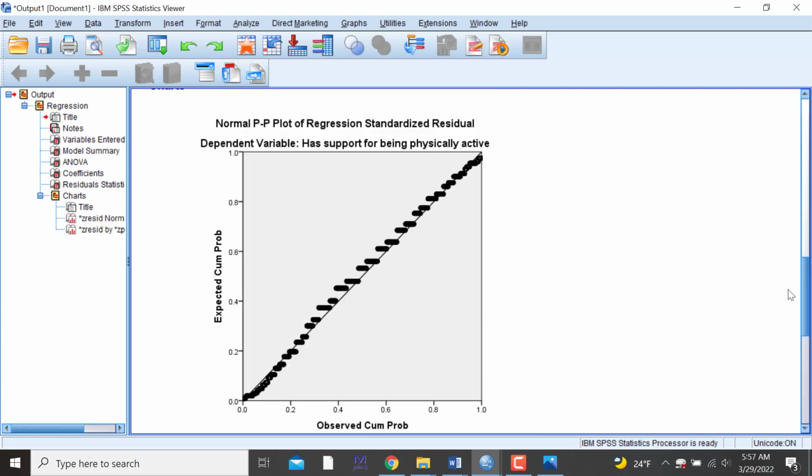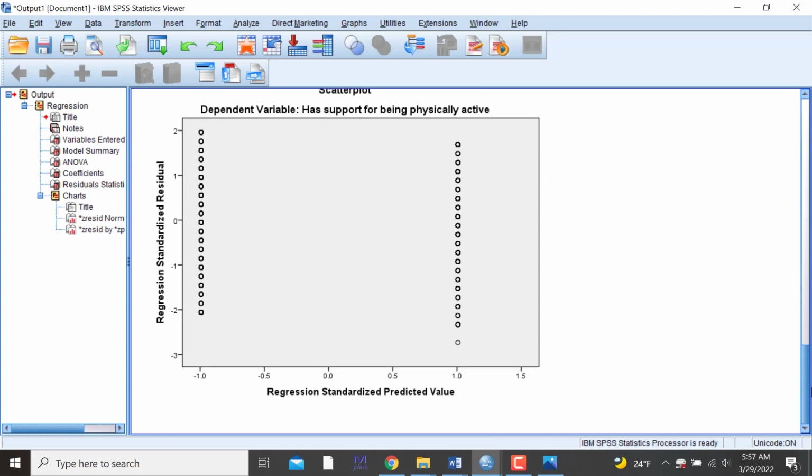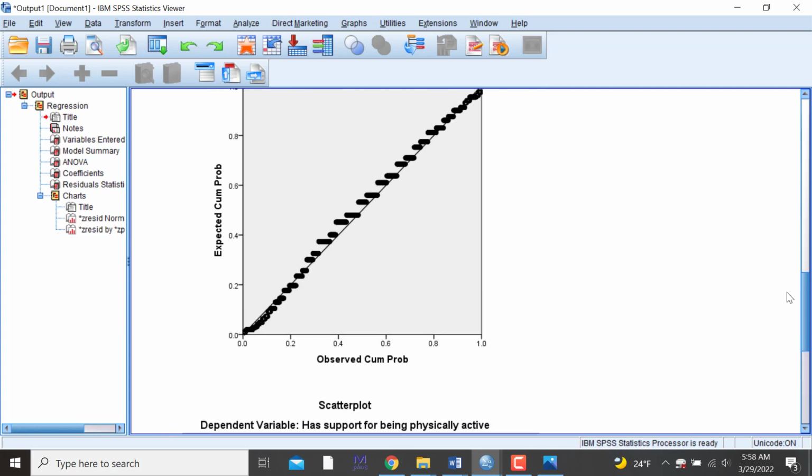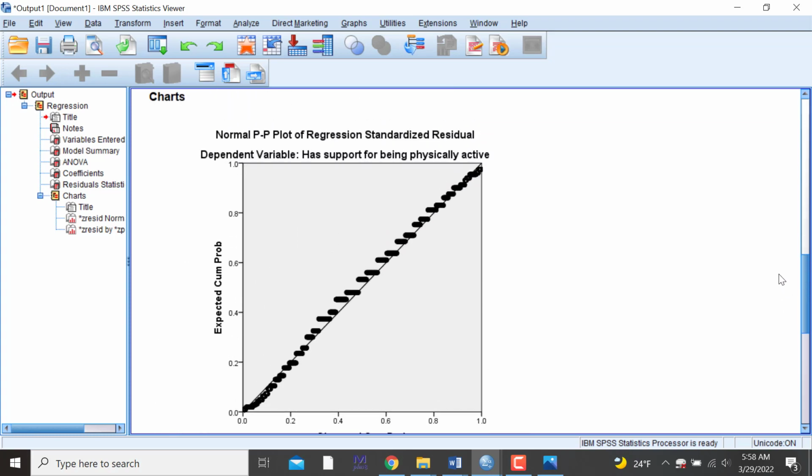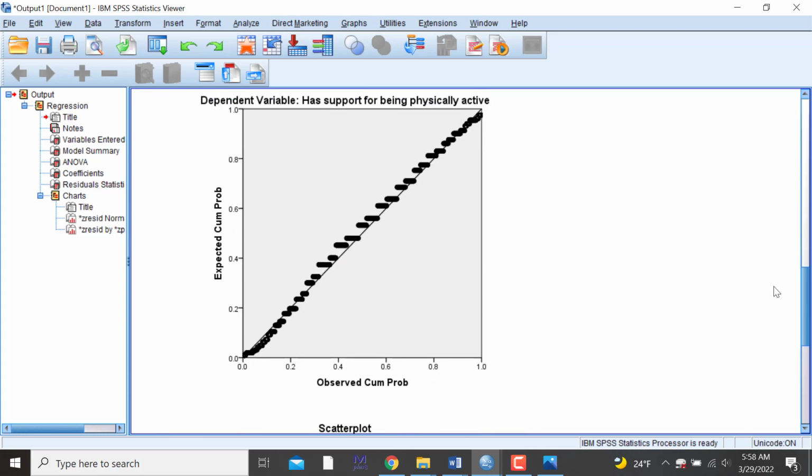Regression standardized residuals. This isn't a very good picture because our predictor variable has only 2 levels, but the residuals look pretty constant across the 2 levels of our predictor, right? That's what I'm looking for, constancy. And this is what we call a PP plot, a probability plot.